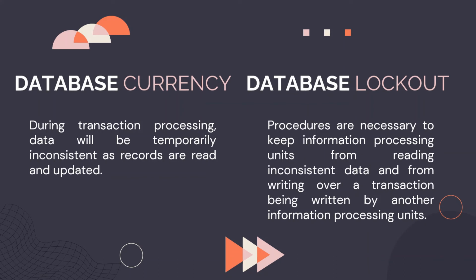What this database lockout does is that while site A is using the transaction about accounts receivable, it will lock it so that the other sites will not have access until site A is finished. Once site A is done, only then will it give access to site B, and it does the same so that other sites will not have access, and of course, to ensure that the updating is always accurate.